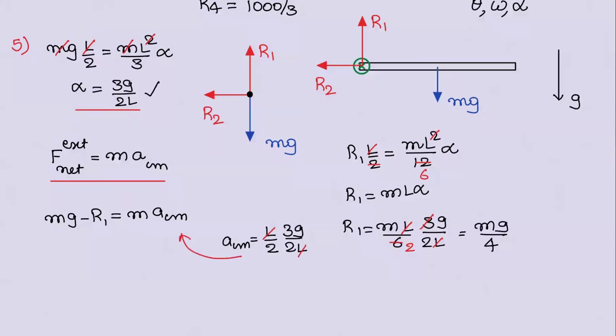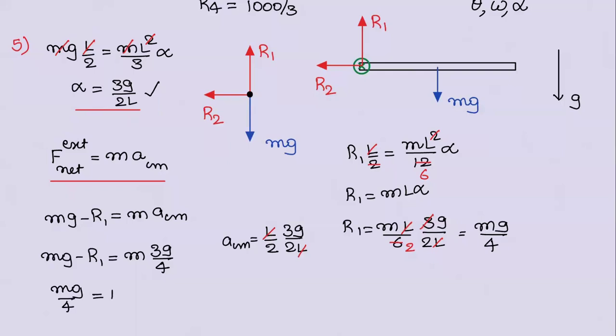Substitute the value here. You will end up at mg minus R1 is equal to m into 3g/4. Now swap them, so you get mg minus 3mg/4. What is the value? mg/4.